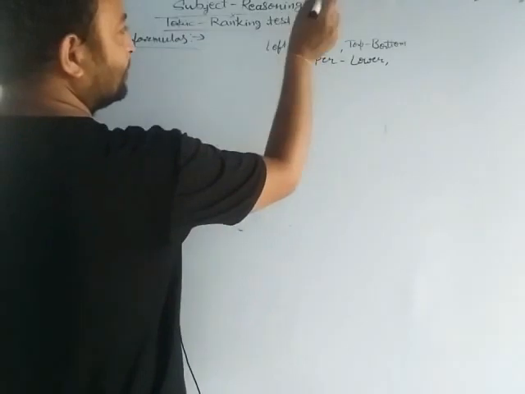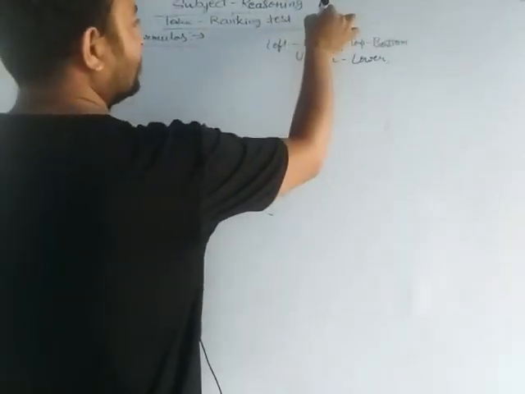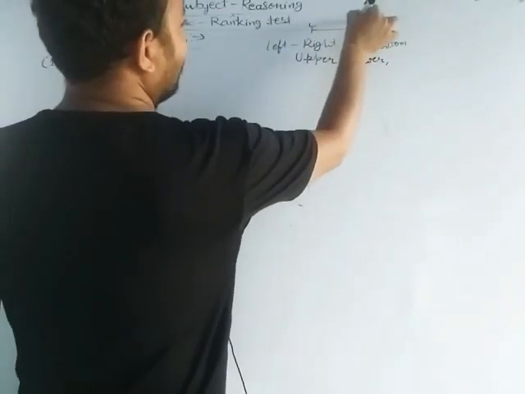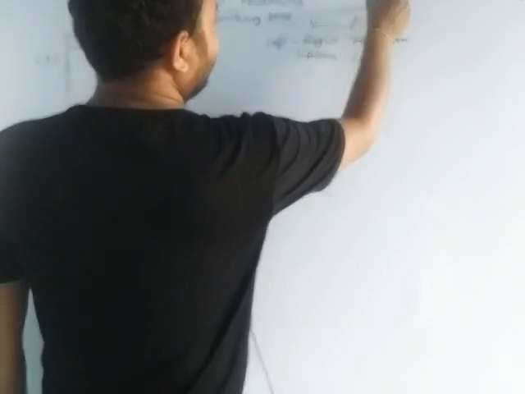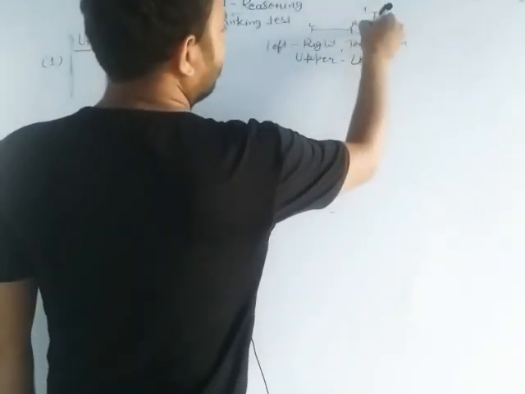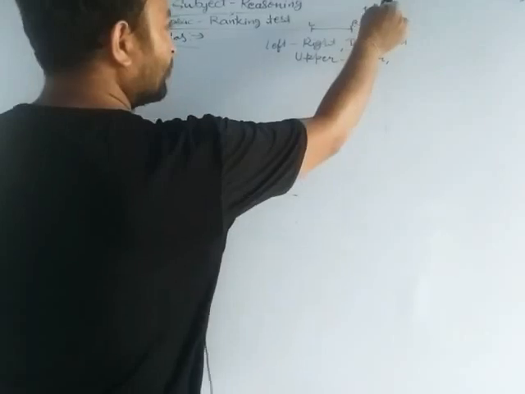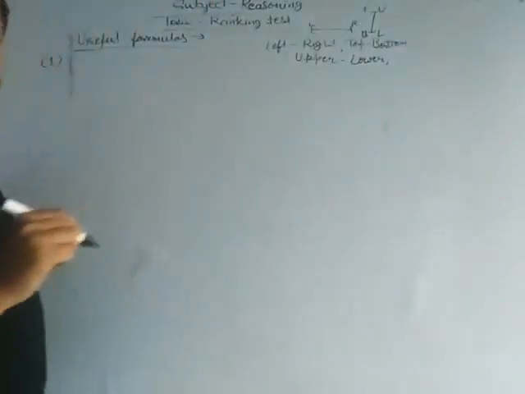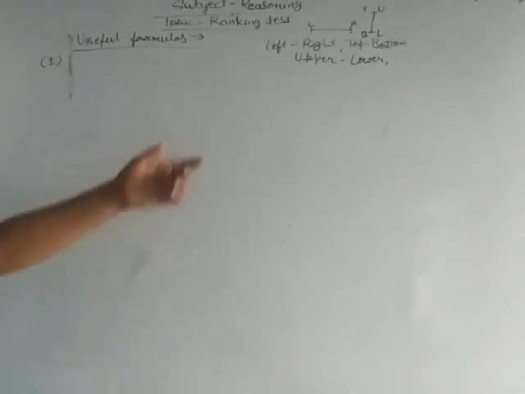If the row is like this, then it is left, it is right. If the row is in this format, then it is top and it is bottom. And if the row is in this format, then it is upper and it is lower. These are the ends of a row.